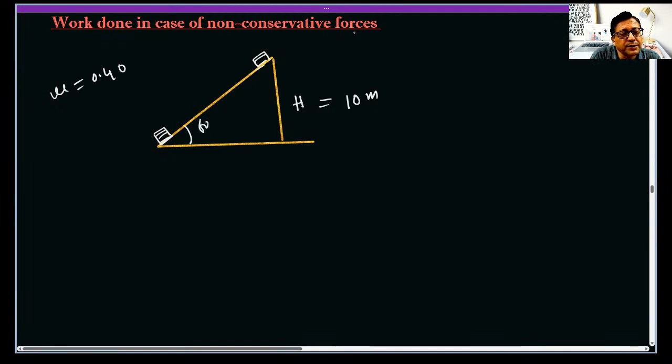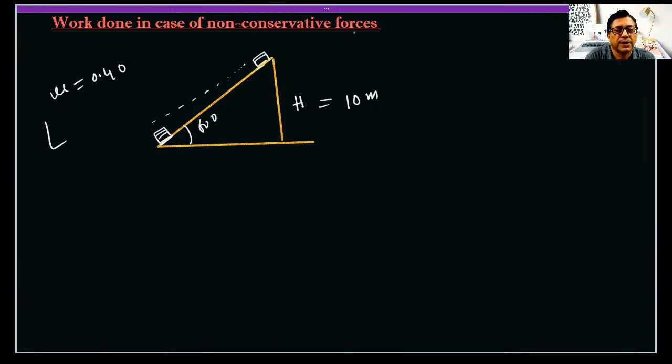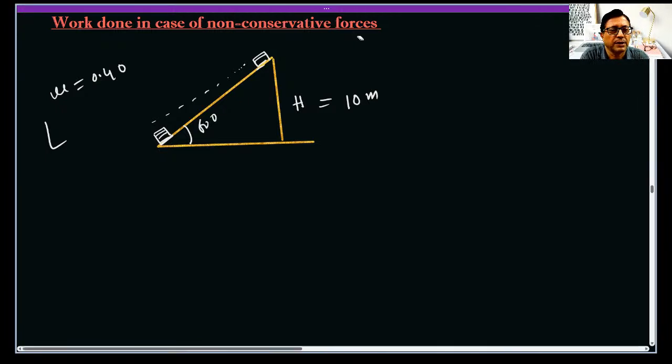Angle of inclination is given to be 60 degree. And length of incline, I mean here to here, we have taken as say 30 meter. L equal to 30 meter here.